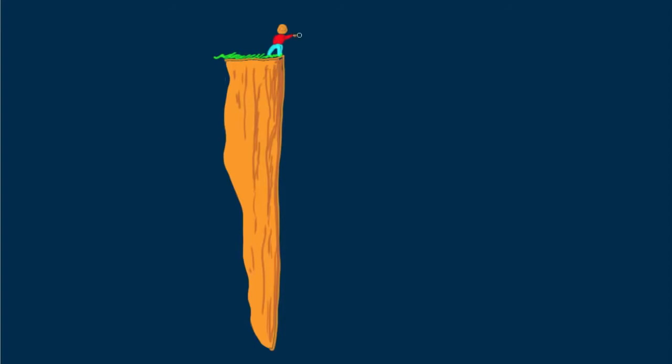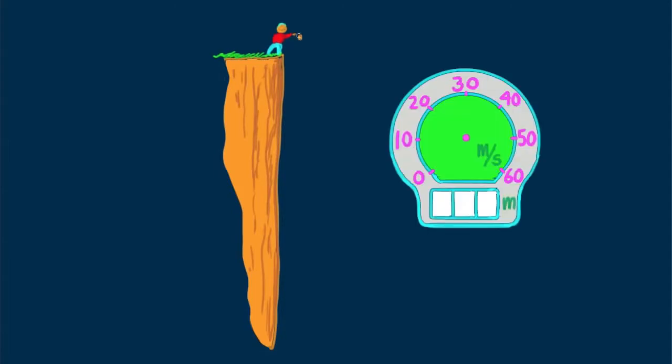Here's Phil at the top of a cliff, ready to drop the boulder over the edge. He drops it, and it accelerates downward. Wouldn't it be nice if a speedometer were attached to Phil's boulder so that we could watch the gain in speed as the boulder falls? We wouldn't be able to see the readings, so we blow up the speedometer for better viewing.